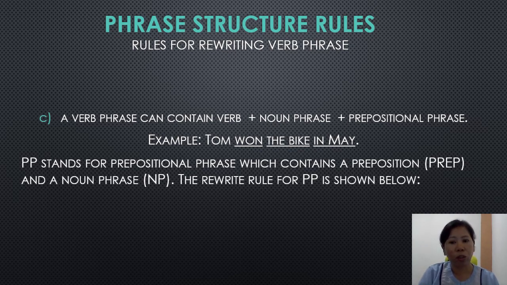The underlined words are the verb phrase. Won is the verb, the bike is the noun phrase, and in May is the prepositional phrase. So PP stands for prepositional phrase, which contains a preposition and a noun phrase.